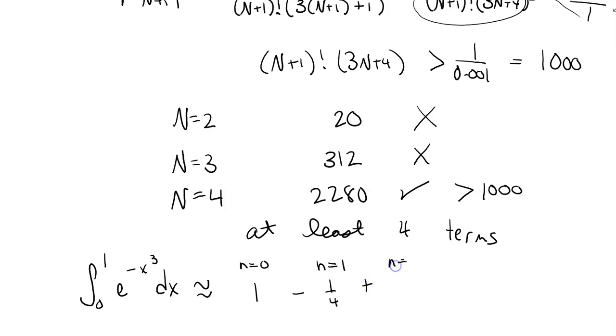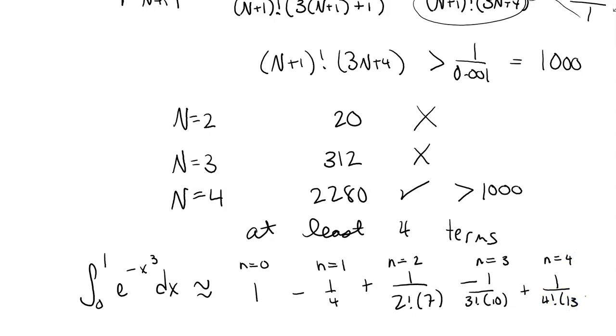Plus, for n equals 2, we would have 1 over 2 factorial times 7. For n equals 3, we'd have minus 1 over 3 factorial times 10. And then plus 1 over 4 factorial for n equals 4 times 3 times 4 plus 1, which is 13.